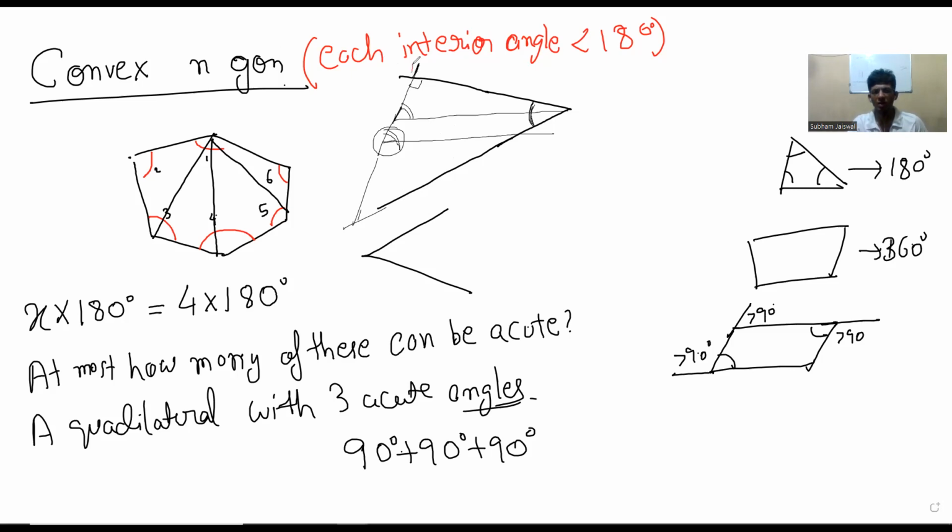Because see, I can just change this a little bit, right? And that's it. This angle is less than 90, this angle is less than 90, this angle is also less than. Which angle? So this angle, but it doesn't become obtuse.